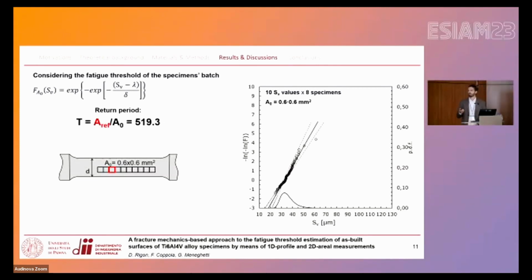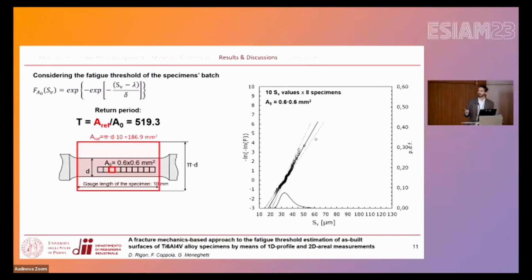So here we extend, or extrapolate, such a distribution by calculating the return period, that is defined as the ratio between the reference area, that is the surface area of the gauge part of the specimens, over the control areas analyzed for extracting the SV values.